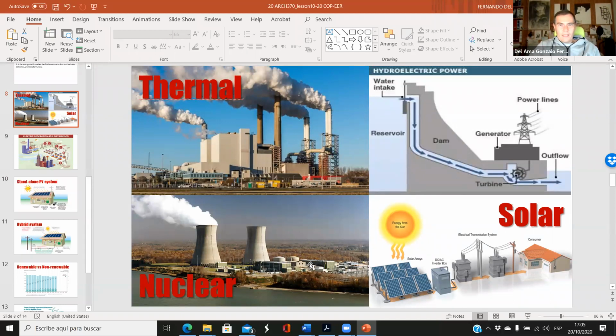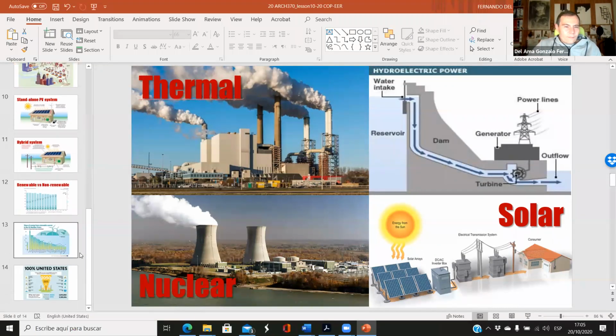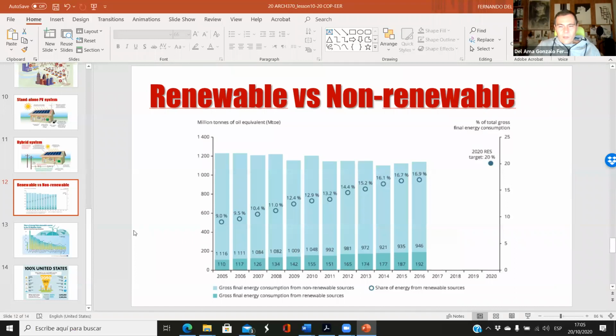I have spent millions of dollars on building this nuclear plant, and you are telling me that in 10 years I have to shut down? So there are a lot of interests, politics, economic issues, but countries are committed to this. And I think there's nothing we can do to stop this.